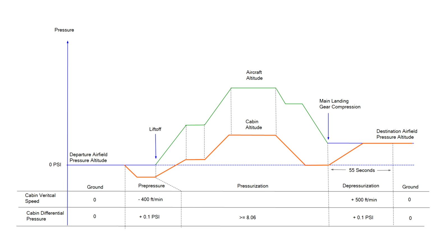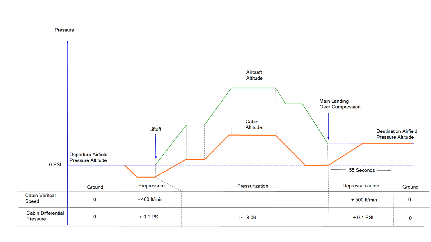Now after liftoff, the main landing gear becomes decompressed, and that gives a signal to the pressure controller to start with the climb mode. From this point onwards, the cabin altitude will vary according to a calculated profile, which is then influenced by the vertical speed of the aircraft.